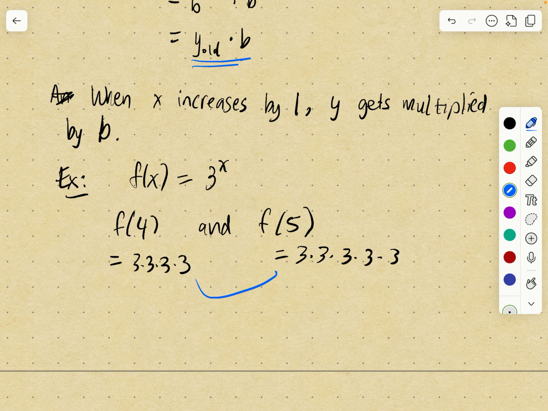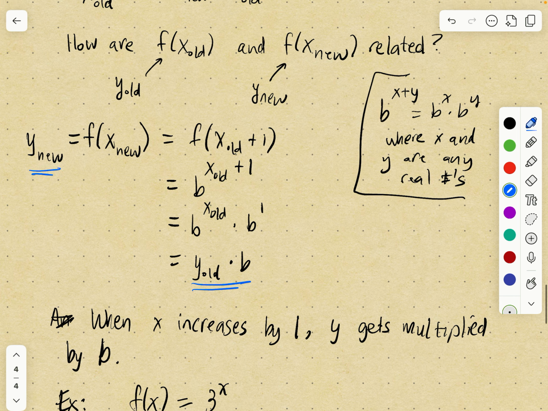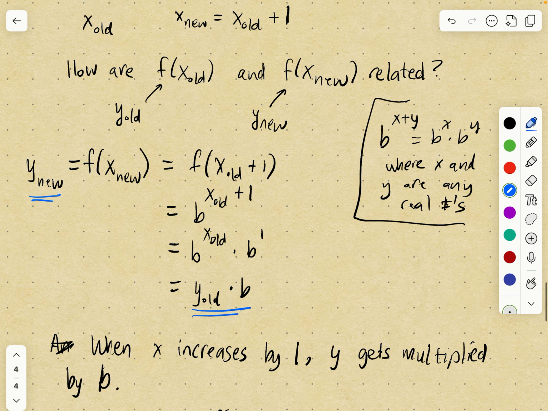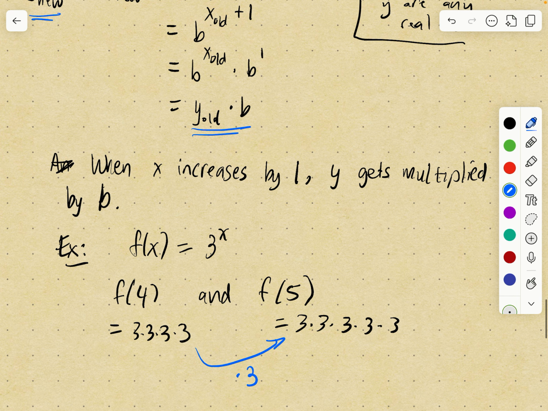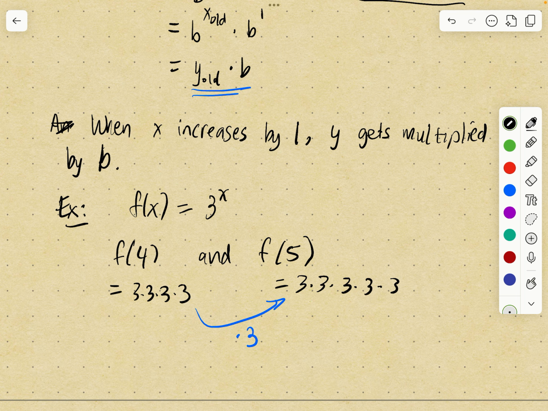So how do you get from f of 4 to f of 5? You multiply by 3. That's the same thing that happens whatever your x is, not necessarily 4 or 5, just whatever number x is. When you increase x by 1, y gets multiplied by a factor of b.